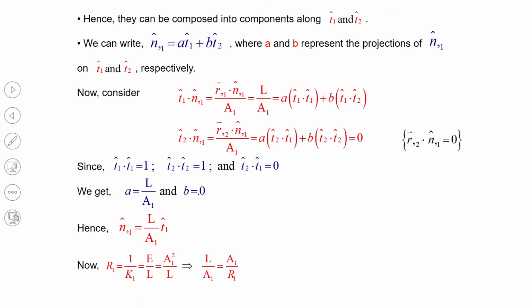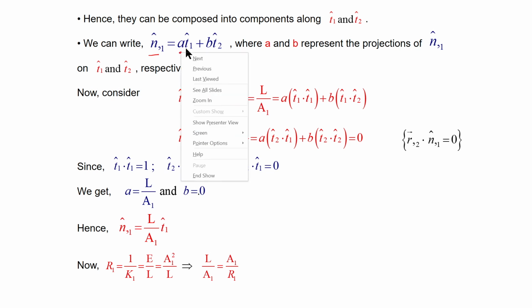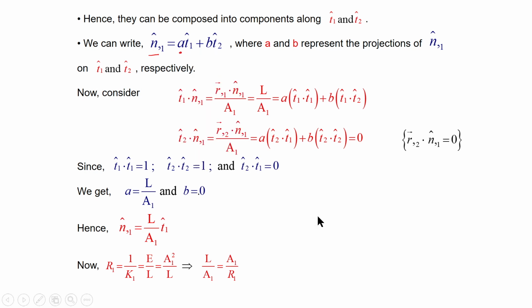If this is the condition, then we can write that n comma 1 will be some coefficient A into T1 plus B into T2, because they lie in the tangent plane, where A and B represent the projection of n hat comma 1 on the plane of T1 and T2. Now you multiply this equation with T1 hat.